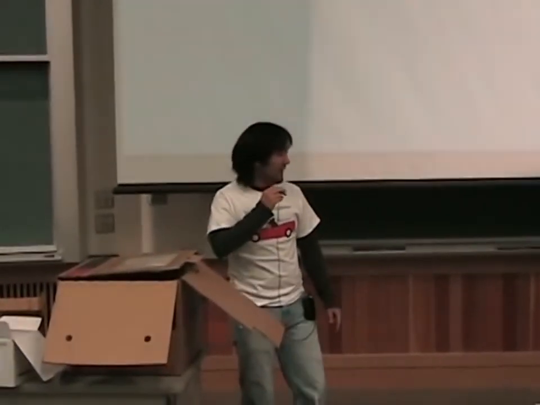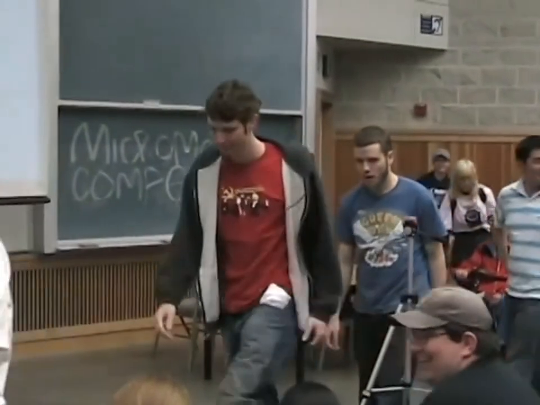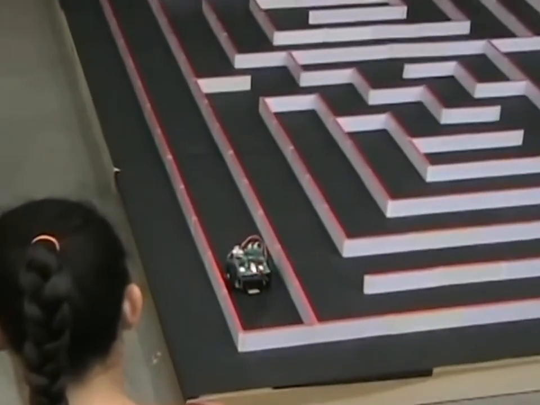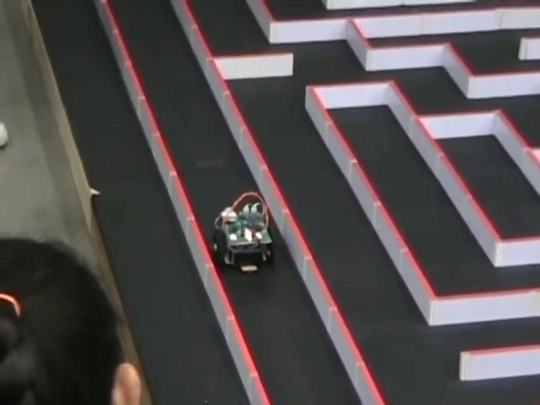So basically, a micro mouse is a robot about the size of your palm, and it has to learn the configuration of a maze and go from one cell to the center of the entire maze autonomously. And the configuration of the maze is not made known to the robot ahead of time.